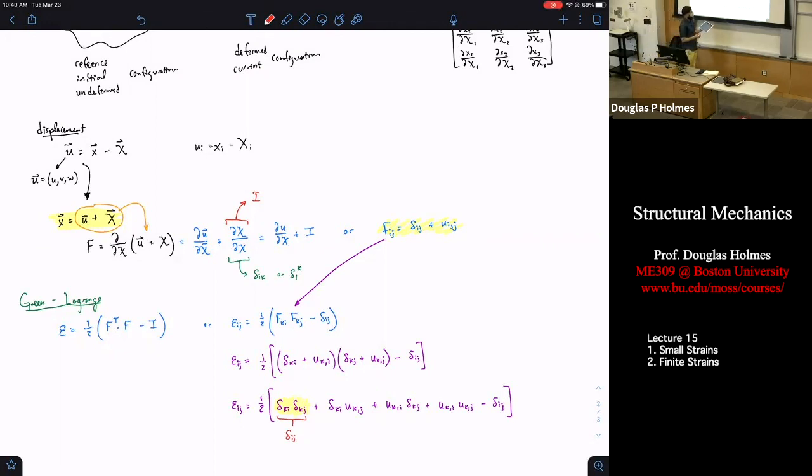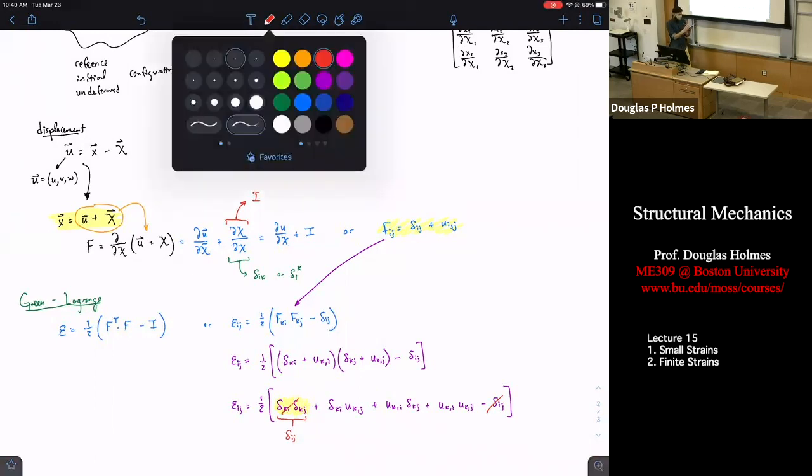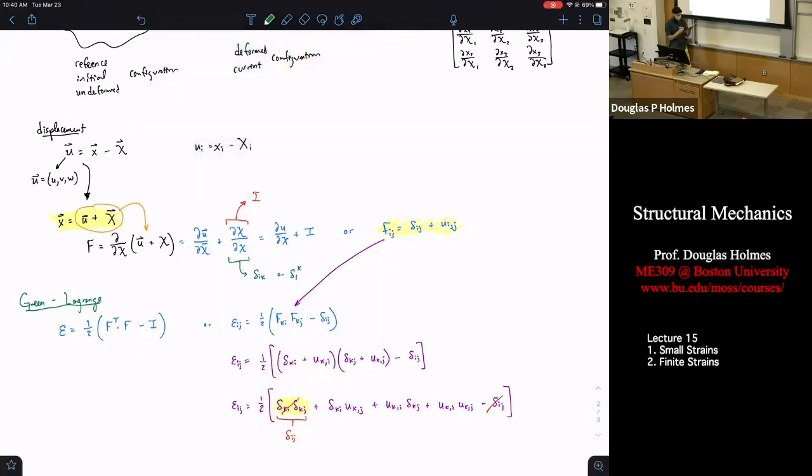And that's lovely because that means this term and this term cancel out. They're both delta ij. Now, what do all these other deltas do? Well, the delta basically serves as a way to change letters in your equation. I mean, it does more than that, but for right now, we're going to just say it like that.